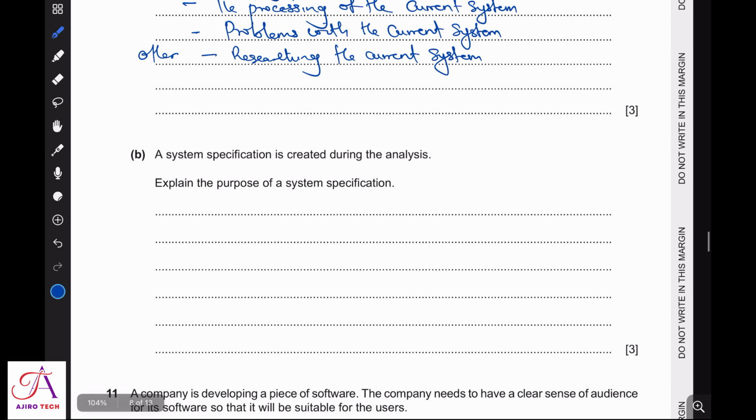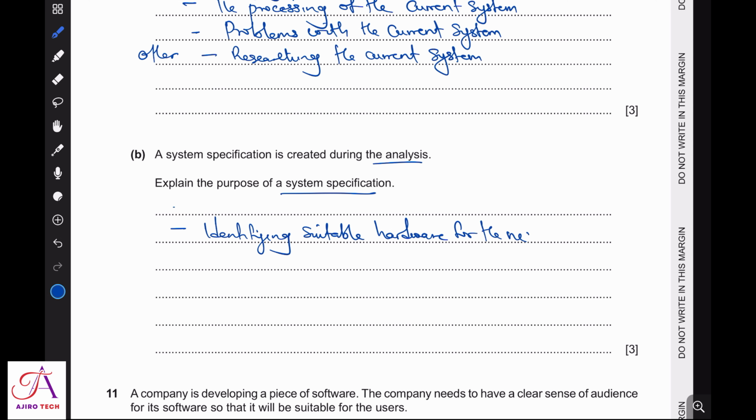A system specification is carried out during the analysis. Explain the purpose of the system specification. We're talking about the specification, identifying the hardware and software of the new system. So here you are identifying suitable hardware for the new system.